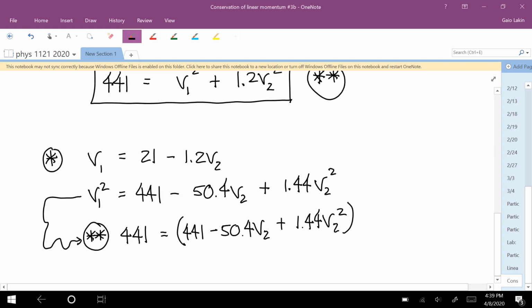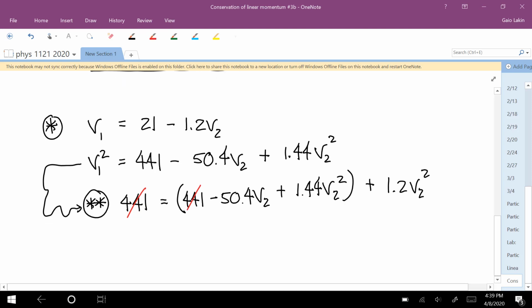That's V1, all the stuff in parentheses, and then we also have to add on the 1.2 V2 squared. The 441s cancel out, which I guess is always what's going to happen in the case where one of these two objects is at rest before the collision.